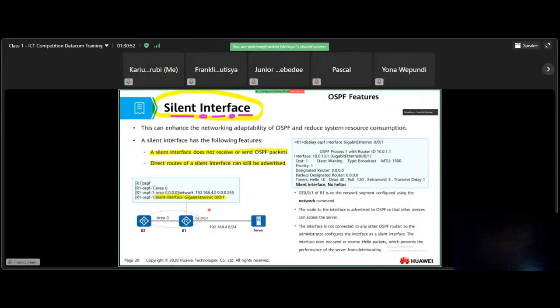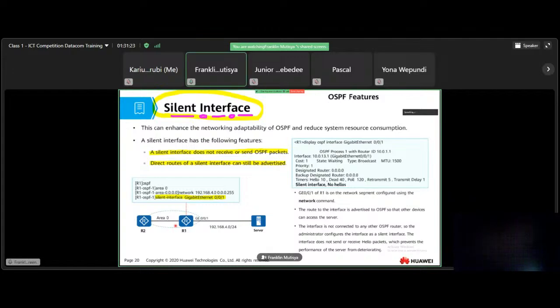negotiations. So for instance, you have a server that is connected to a router here, a router that is configured for OSPF. A silent interface is an interface that should not be involved in receiving OSPF hello packets, or maybe receiving OSPF packets. We also have other packets that are used in the operations of the OSPF protocol.